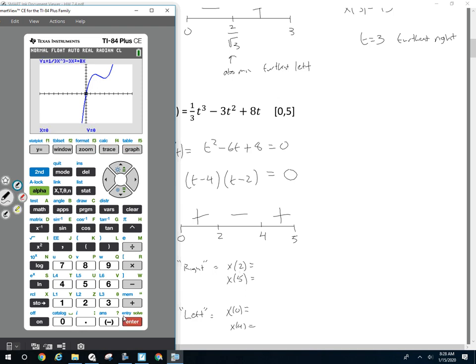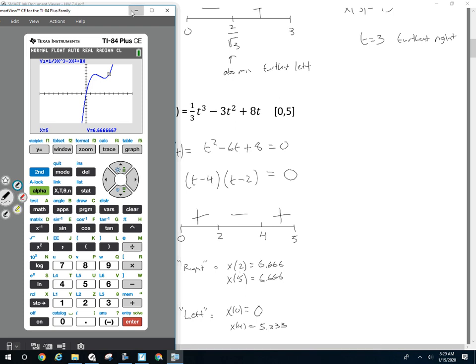So 0 obviously is 0. That's good. 2 is 6 2/3. 4 is 5 1/3. And 5 is going to be the biggest. Oh, it's 6 2/3 as well.